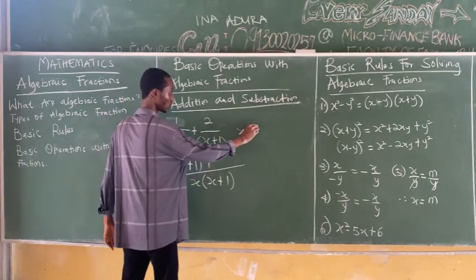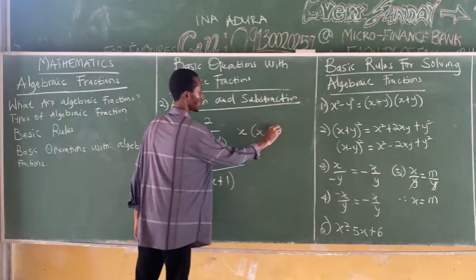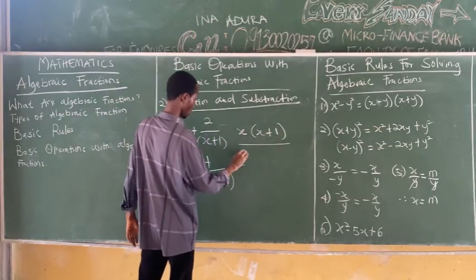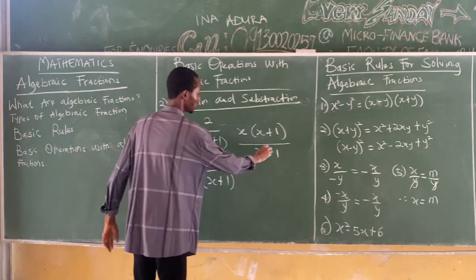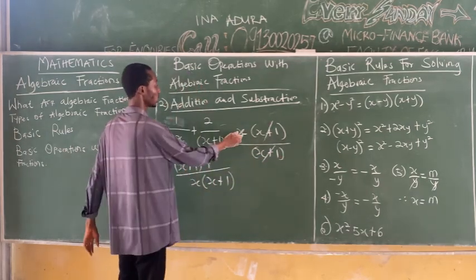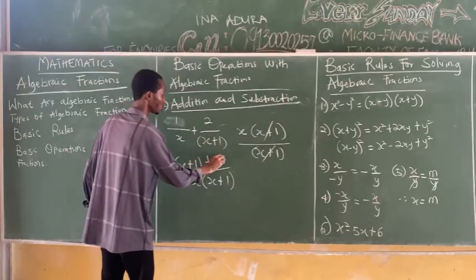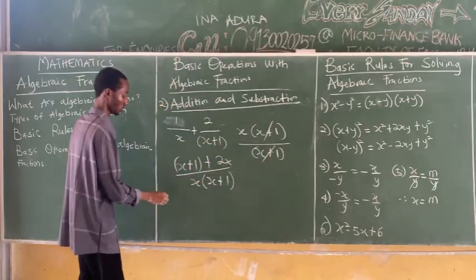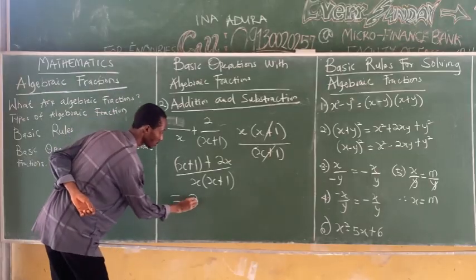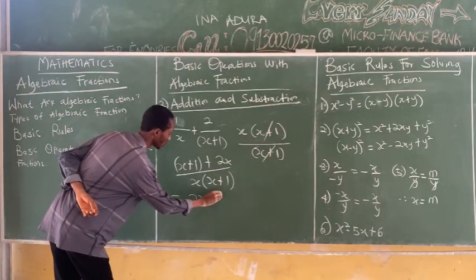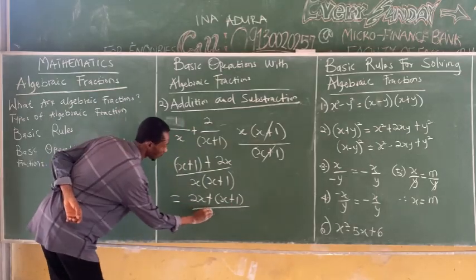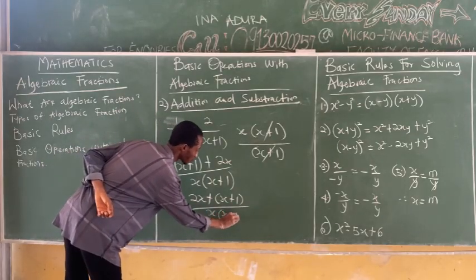By that I mean divided by x plus 1. This cancels this, they go out, you're left with x. x times 2 will give you 2x. Now when you add this together, you're going to have 2x plus x plus 1, all divided by x into x plus 1.